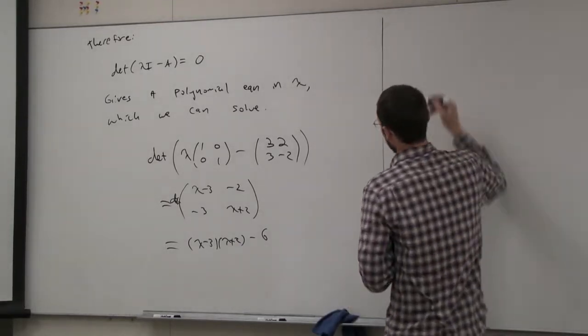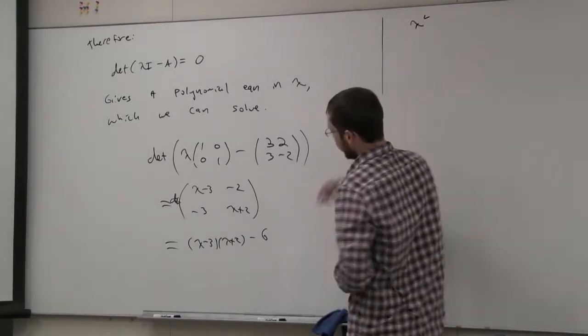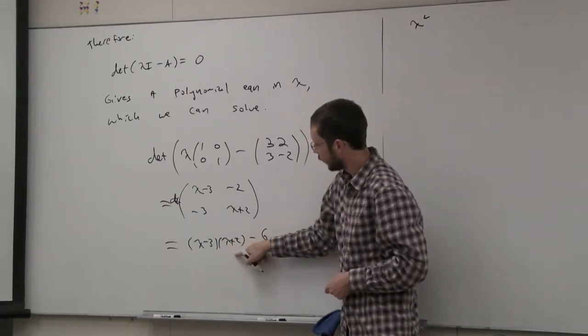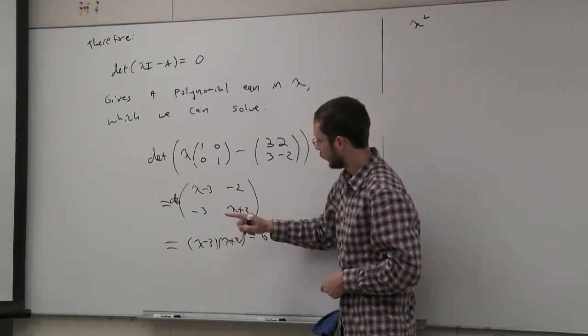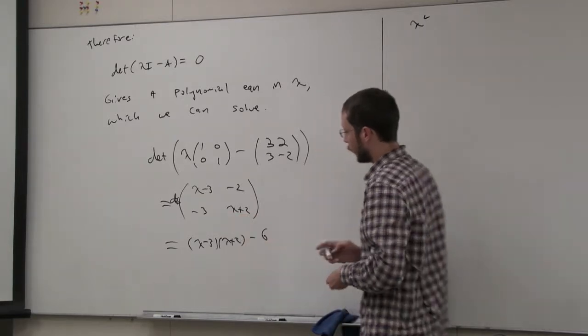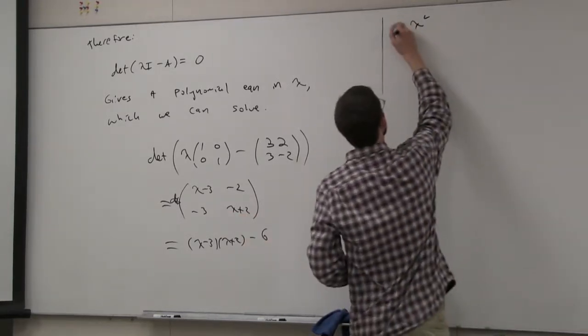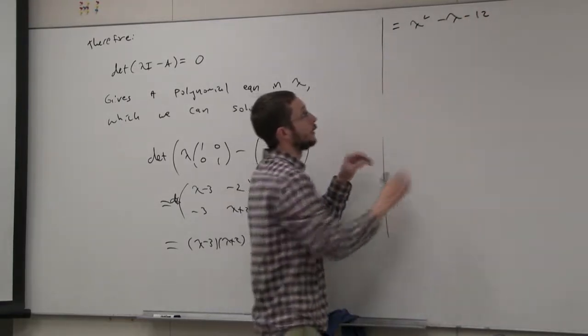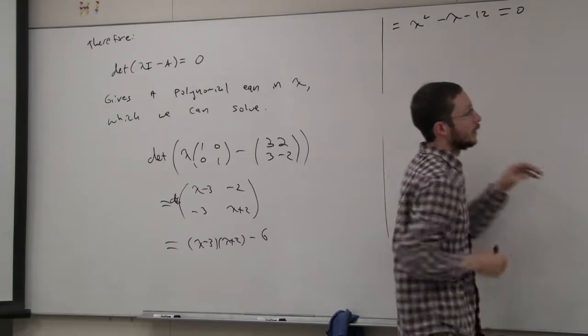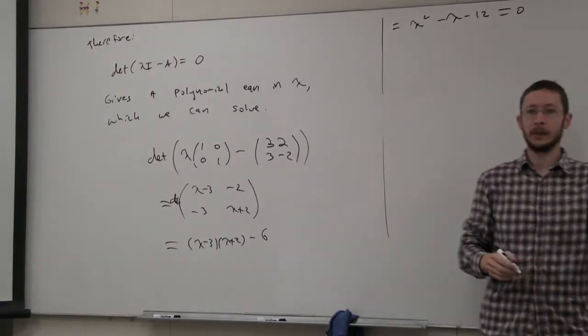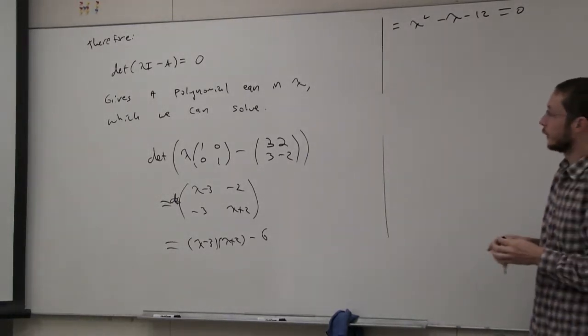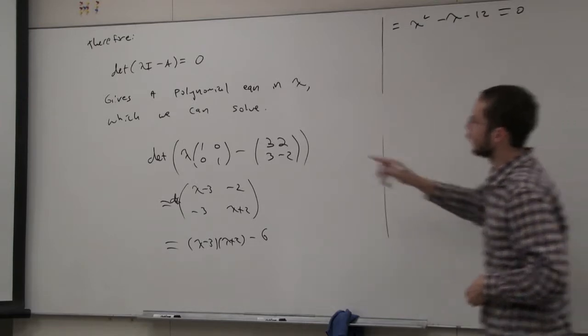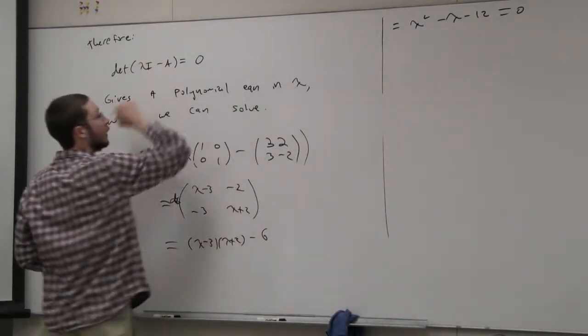And then just some algebra here. We get lambda squared minus lambda minus 12. And we're assuming this is equal to 0 because we're assuming V is going to be an eigenvector, and that makes this thing singular, right?